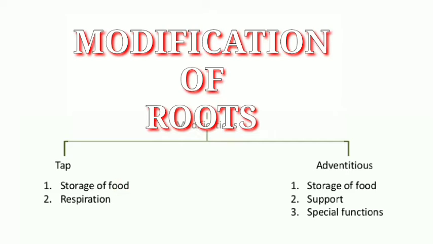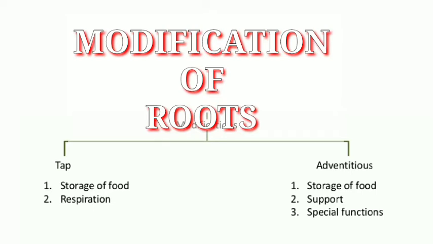Also we have seen two types of roots: one is taproot and the other one is adventitious root. Similarly, here we will see the modification of the taproot as well as the modification of the adventitious root. The modification of taproot may be for two basic purposes: one is storage of food and the other is respiration.